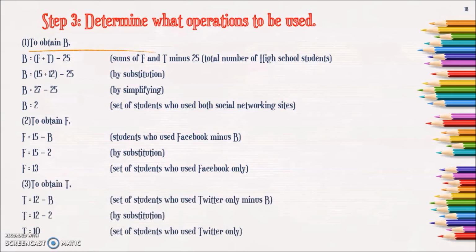And last, to obtain T, or the users of Twitter only, we have T is equal to 12 minus B. T is equal to 12 minus 2 by substitution. And T is now equal to 10. 10 is the set of students who use Twitter only.